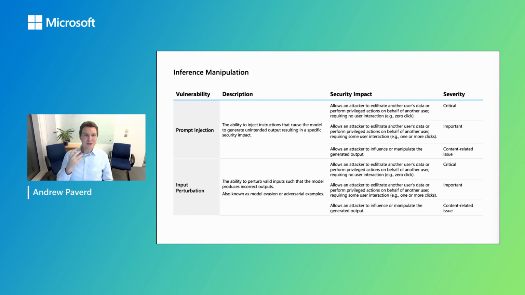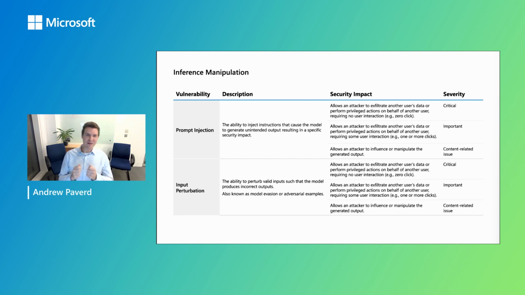So here we're talking about instruction-tuned models, and we're talking about instructions that are injected not by the direct user of the model, but through some other path. So the attacker is not the direct user of the model. And so here, the severity of these vulnerabilities depends on the security impact of the prompt injection.